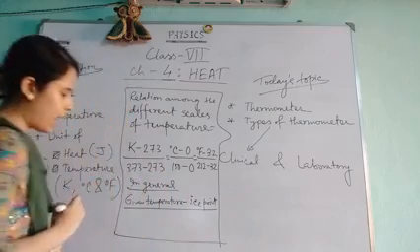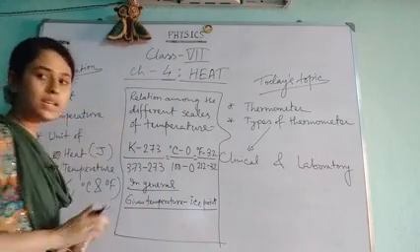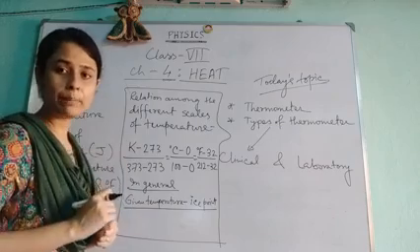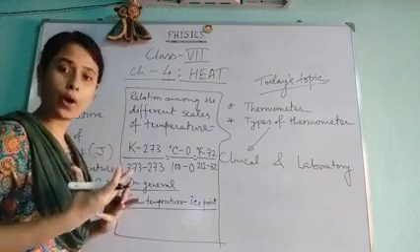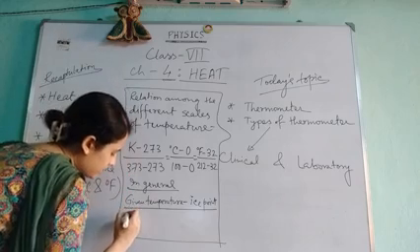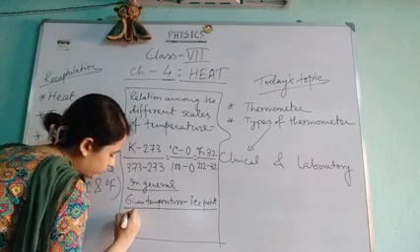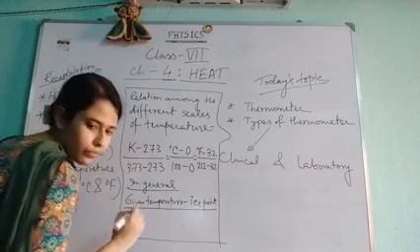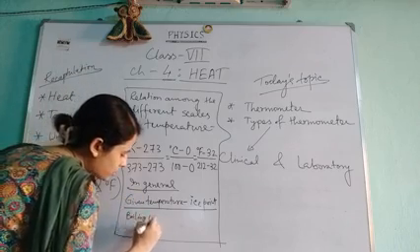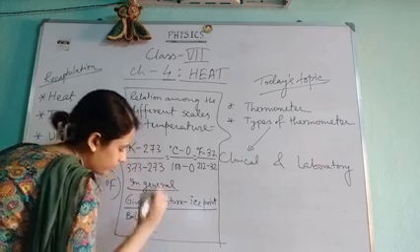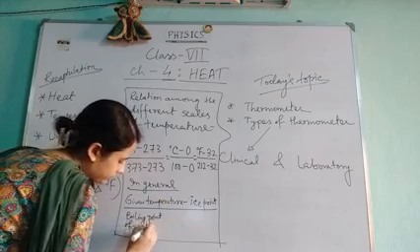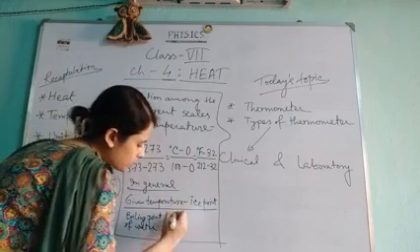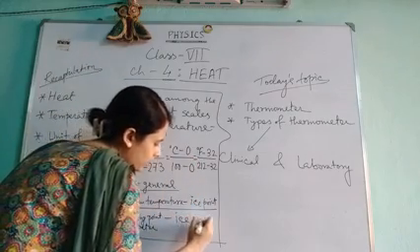Whole divided by, what is this? What is 100? At 100 degrees Celsius, what happens? Yes, the water boils. So we will write boiling point of water minus, again see the 0 degree, so ice point.